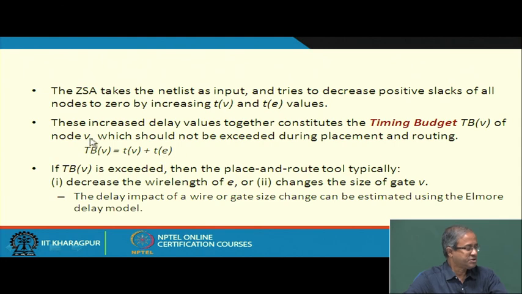So, this corresponds to the total timing budget of that node. Once the timing budgets are calculated and the slacks have been reduced to 0, your objective will be to try and achieve this timing budget by appropriately adjusting the physical parameters of your layout, okay, either making the gate smaller, making the wires longer, making the wires thinner. There are so many ways.